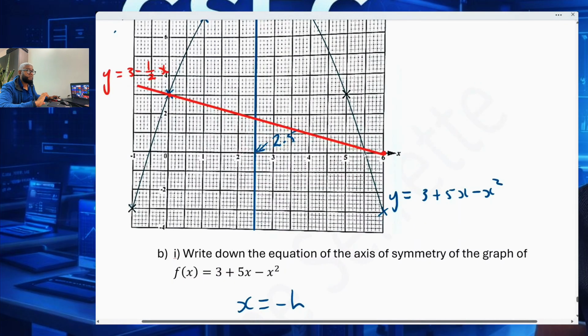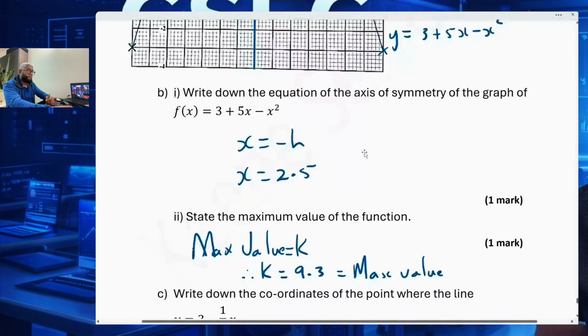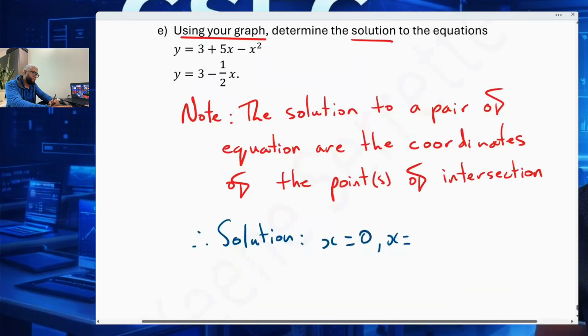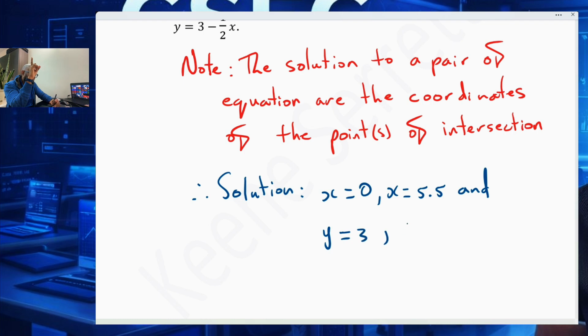What are you getting? 5.6? I get exactly 5.5. What are y'all getting? I get exactly 5.5. So mine would be x is equal to 0 and x is equal to 5.5, and y is equal to 3 and y is what?